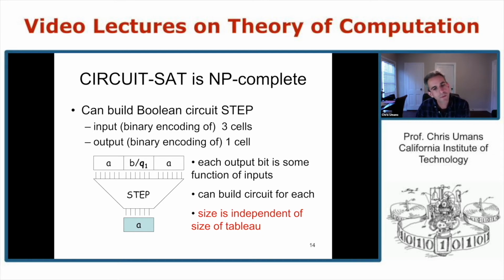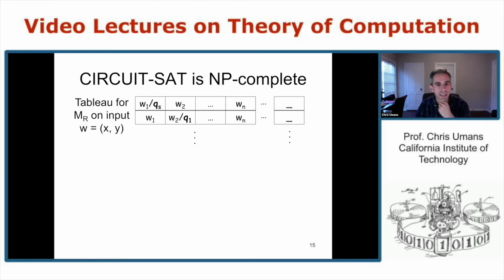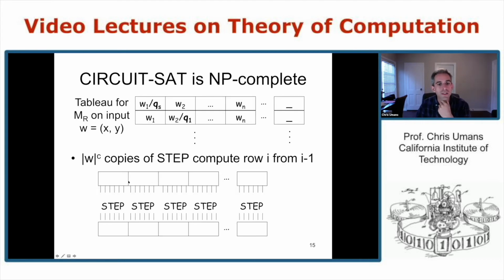So now that we have a little circuit that produces the element of the tableau in the next row, we can just put them side by side to compute an entire next row of the tableau from the previous row. If you remember, the tableau we're thinking about, for the machine M sub r on input W, had width at most the size of W to the C. So if we put a whole bunch of copies of the step function next to each other, then we can compute the entirety of a row of the tableau from the previous row.